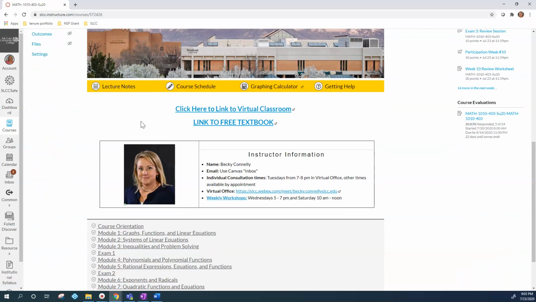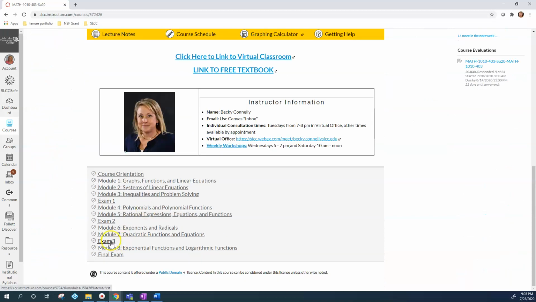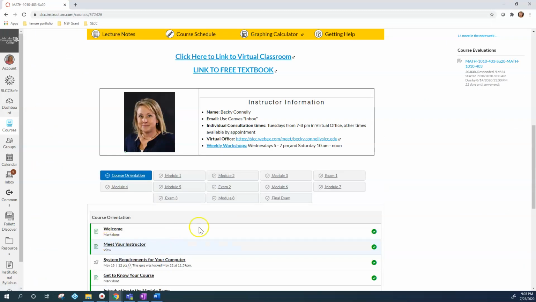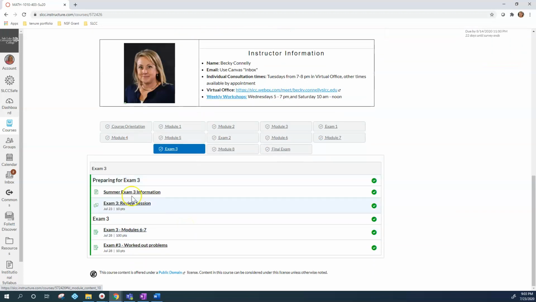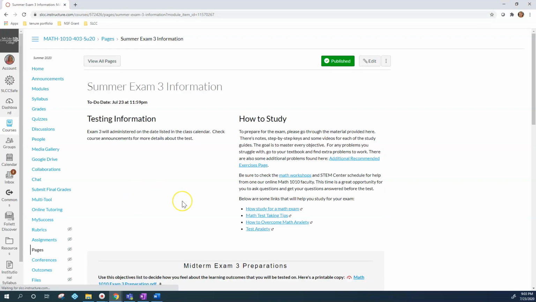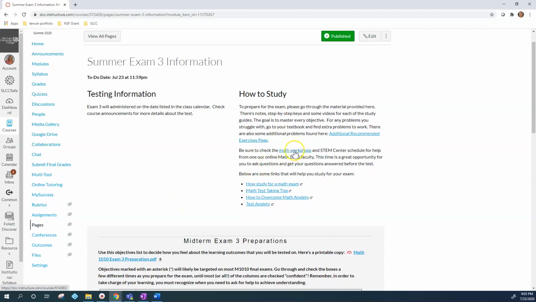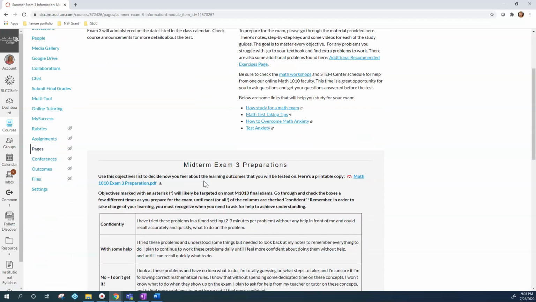And so yours should look pretty similar to this, and you'll see that you can click on Exam 3, and then in my classes it might look a little bit different, but everybody should have something that says Summer Exam 3 Information, and then that review session is just a discussion. But if you click on this Summer Exam 3 Information, there's a link here to go look and see when there is workshops and stuff.